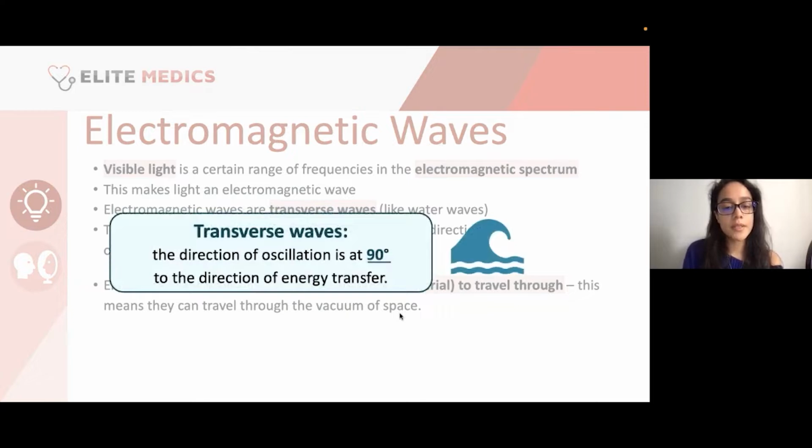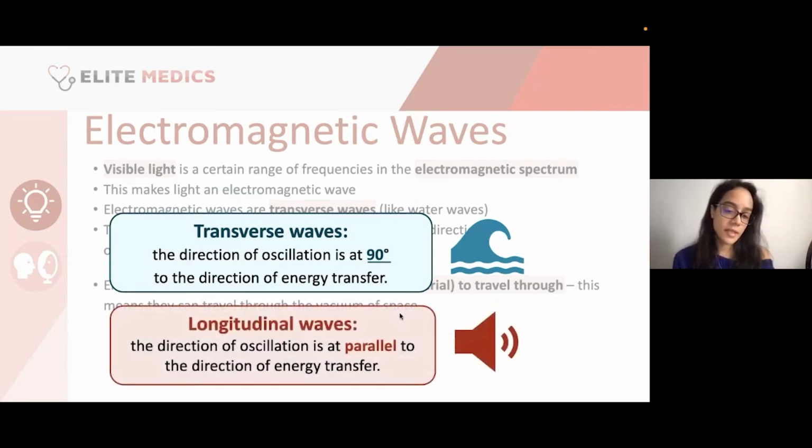Just to reiterate, transverse waves are where the wave has oscillations or vibrations, and these are vibrating at 90 degrees relative to the direction of energy transfer, the direction in which the wave is traveling. I'll repeat that because it's a really important point. Transverse waves are where the oscillations of the wave are at 90 degrees to the direction of energy transfer.